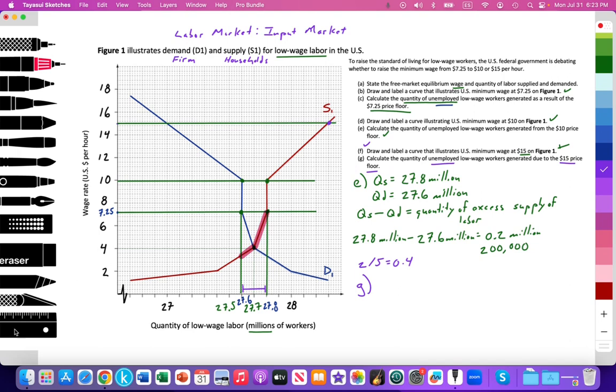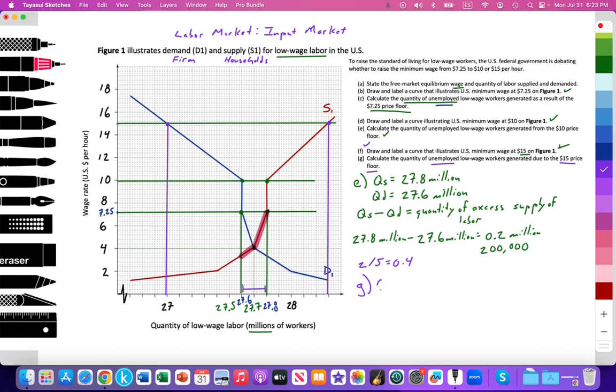So I'm going to draw a line to figure out what is going to be the quantity supplied at that price floor, and the quantity demanded has dramatically decreased to this point here, and the quantity demanded is approximately at 27 million, more or less. All right, so now I've got to figure out the difference between the two.